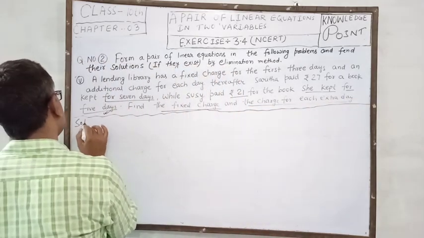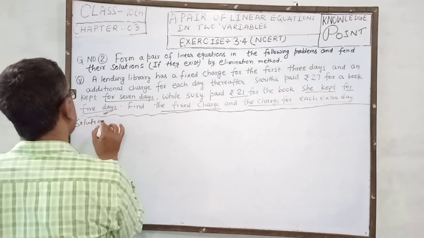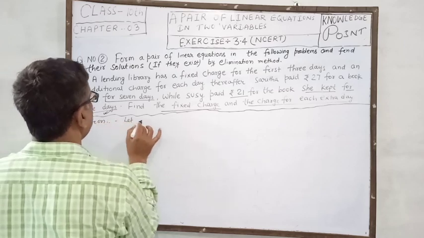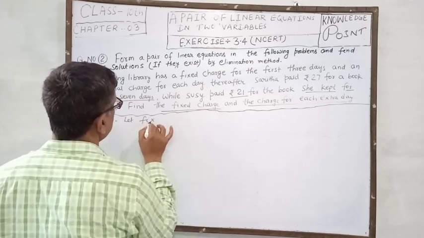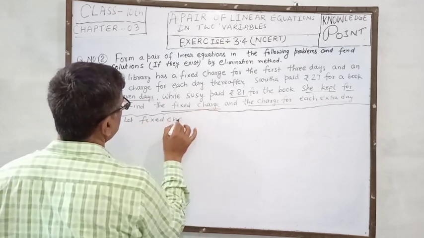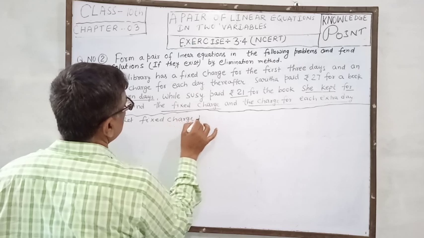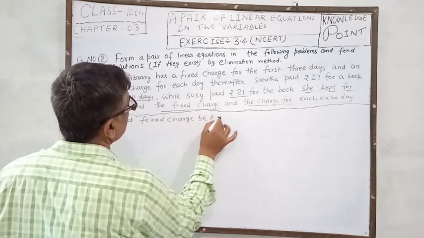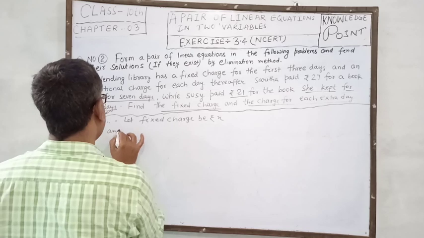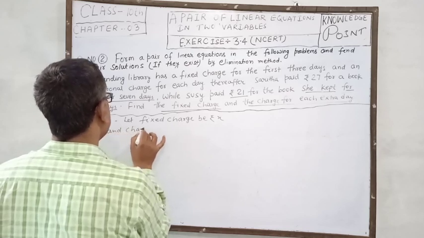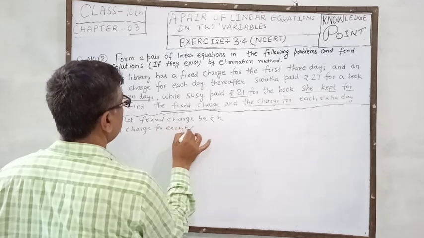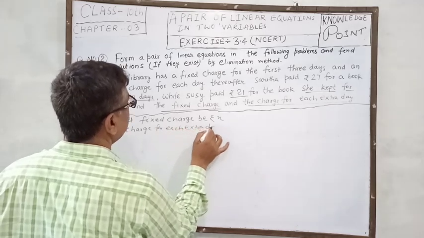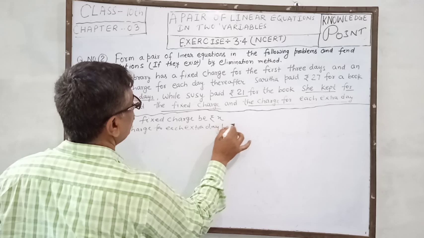So here the solution starts. Let the fixed charge be rupees x and the charge for each extra day be rupees y.